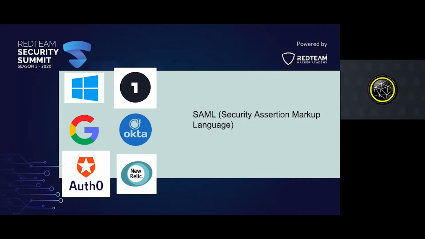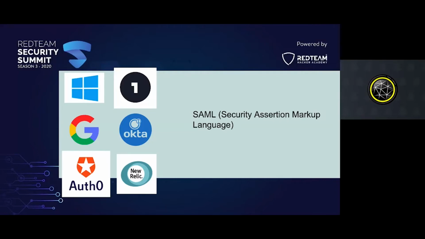So if we look at SAML, these are some of the very common areas where you'll see how SAML looks. Okta is one of them, which is very widely used in a lot of applications. We'll be discussing examples where, if you want to hit an internal domain for, say, a website, it simply redirects you to Okta, and over there you first have to log in to Okta, and then it authenticates automatically with all the domains that are there.